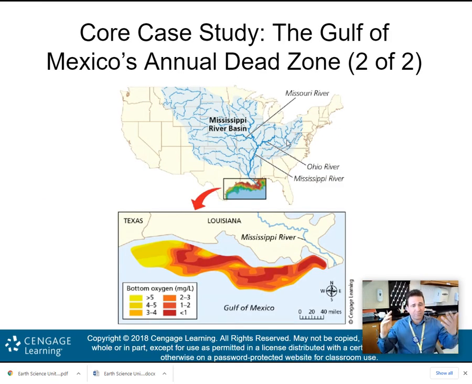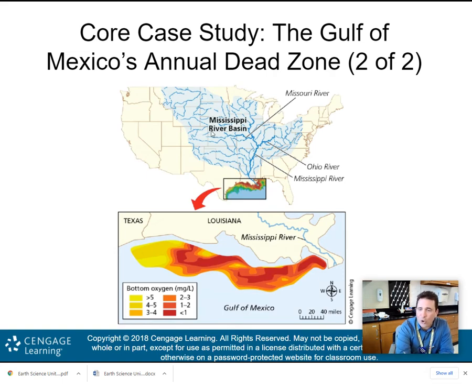So you'll notice the Mississippi Basin is huge, okay? You have any rain that falls east of the Rocky Mountains or west of the Appalachian Mountains end up in the Mississippi River. And we have the Ohio River here and the Missouri River here, which are huge rivers that come from basically farmland, right? Here's the breadbasket, the Midwest, all right? We have Kansas and Nebraska here, a lot of farms.